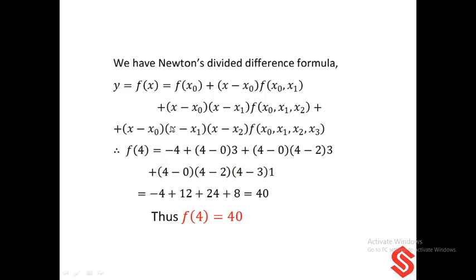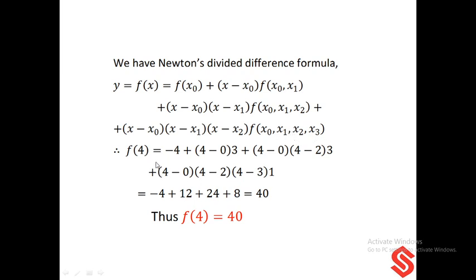So first let us write the formula, Newton's divided difference formula. y = f(x) = f(x0) + (x - x0) f(x0, x1), that is the first divided difference, plus (x - x0)(x - x1) f(x0, x1, x2), second divided difference, plus (x - x0)(x - x1)(x - x2) f(x0, x1, x2, x3), that is the third divided difference.